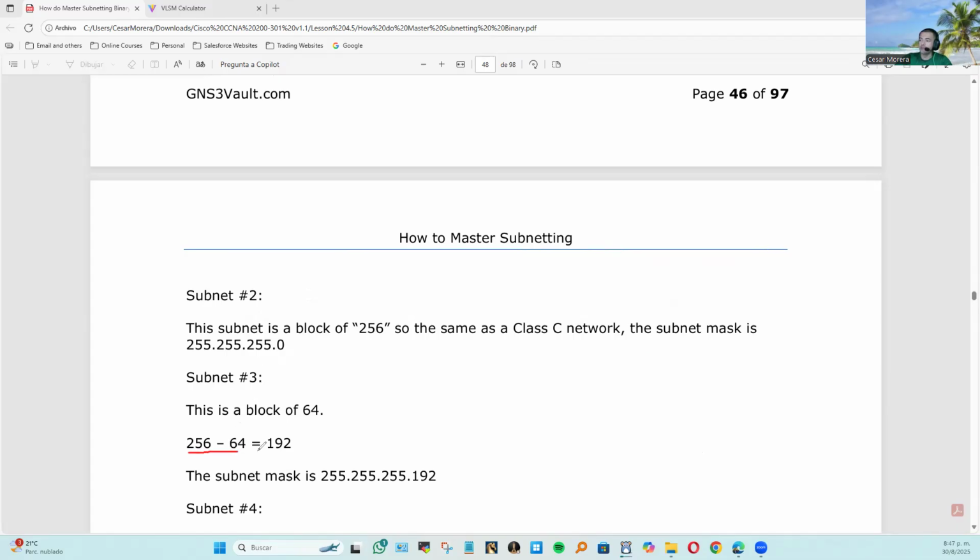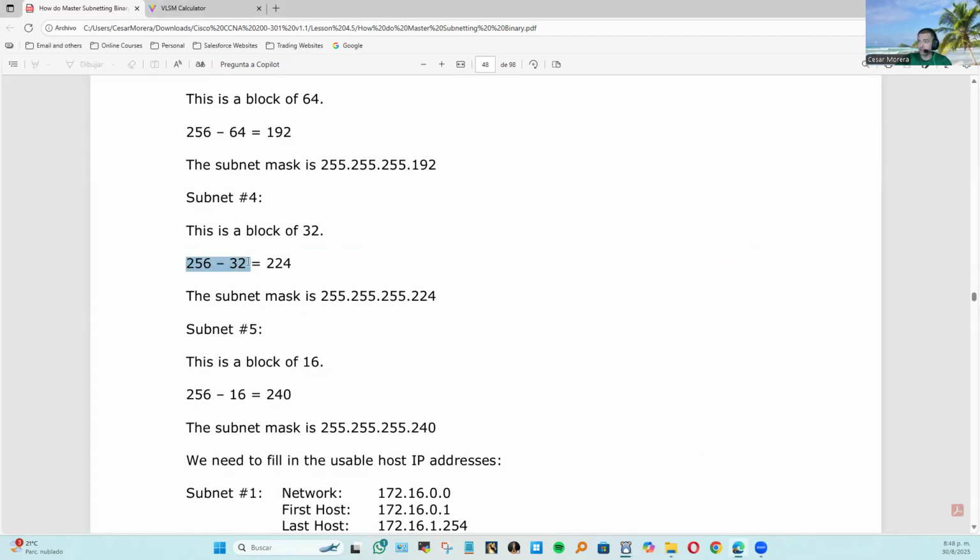The magic number plus 64 will give us 192, and this is the next subnet mask. Let's clear the drawings. Moving forward, the magic number minus 32 will give us the mask of 224. Magic number minus 16 will give us the mask of 240.